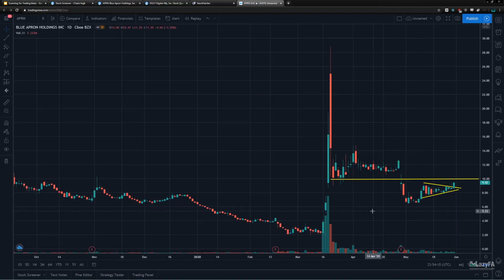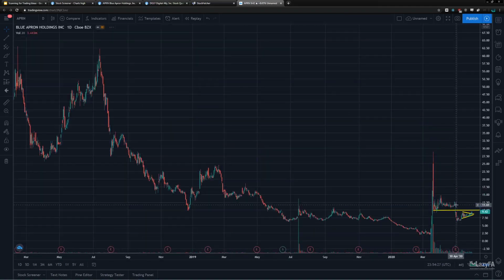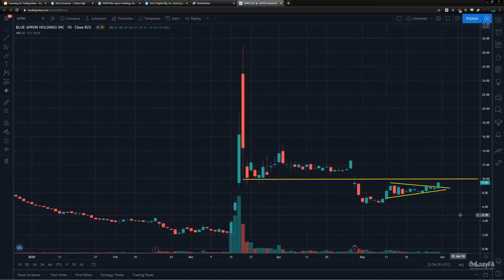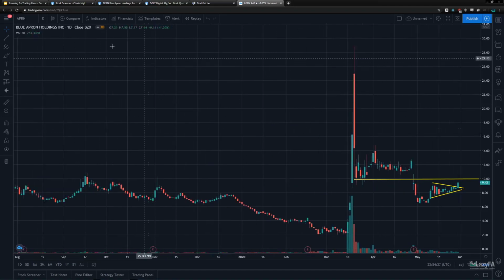That's really what causes these humongous moves like this did back in March, where it went from $2 to $30 and then back down to 12 in like 3 days. So this one is going to be interesting to watch. I think over $10 a share, if this starts to heat up, we might see it take off quite a lot.